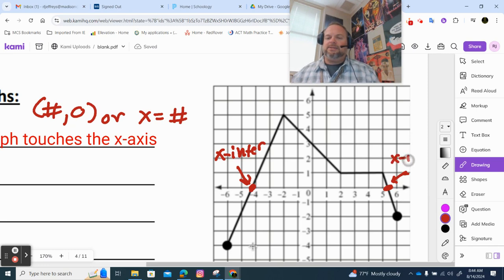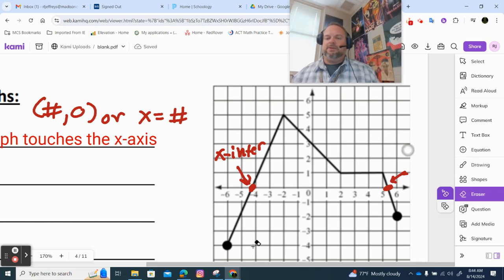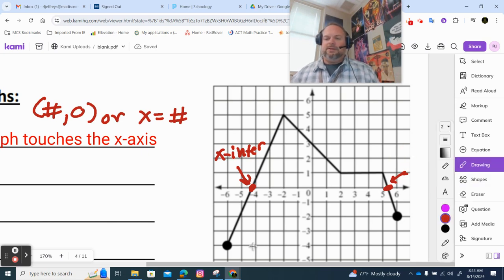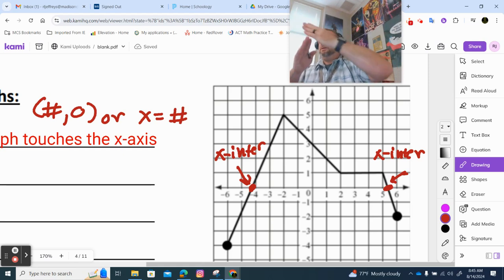So x-intercept, and that again got really gross really fast. Okay, so that's where it touches, like intercept, intersection.